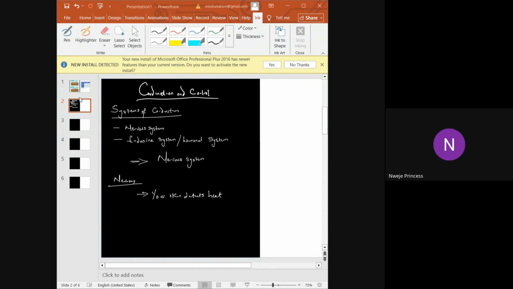So please can you come again? The nervous system is the communication and the control network of the body. So it helps the body to detect changes, to process the information, and to respond quickly.